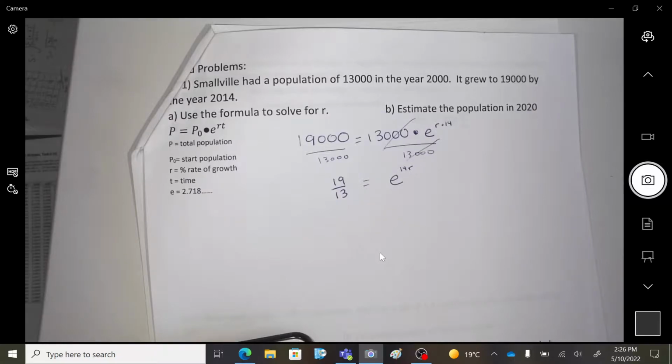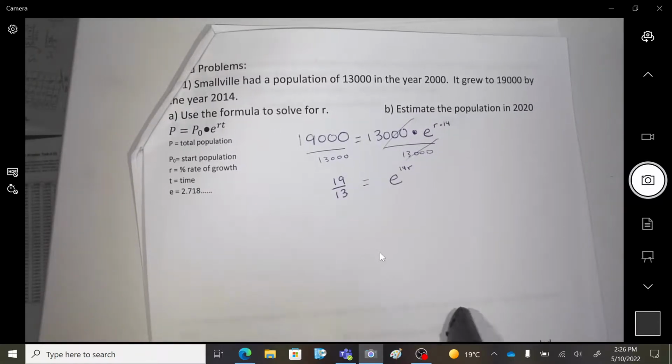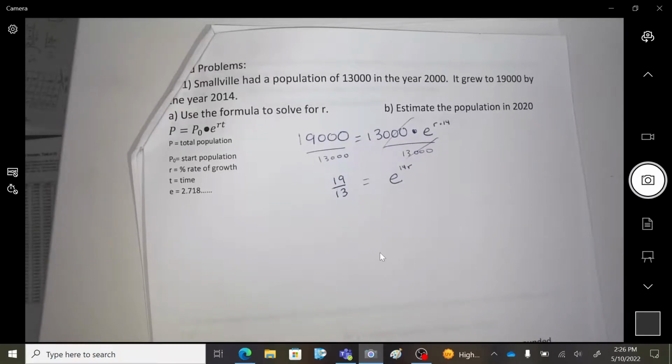Okay, here's my dilemma. My variable that I want is in the exponential position. What have we learned? How do we solve when we're in the exponential position? You have to do what to both sides? Log both sides. Okay, hold on. There's an E in this equation. So what was my trick?